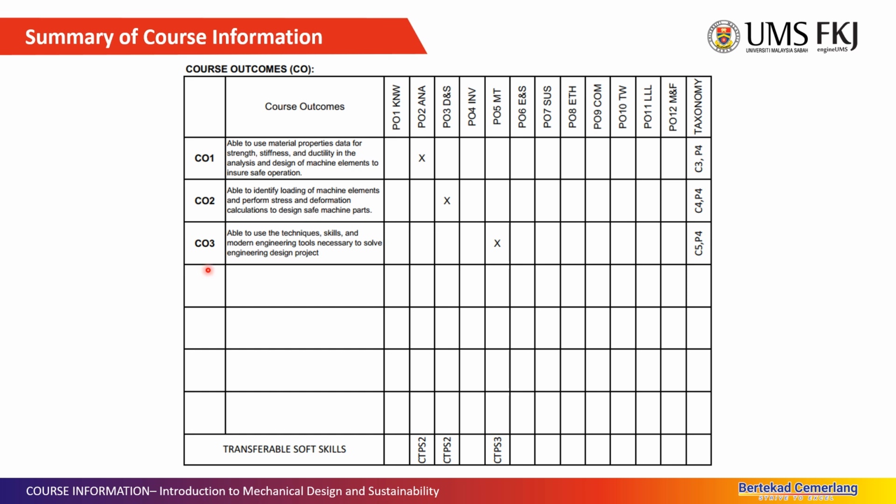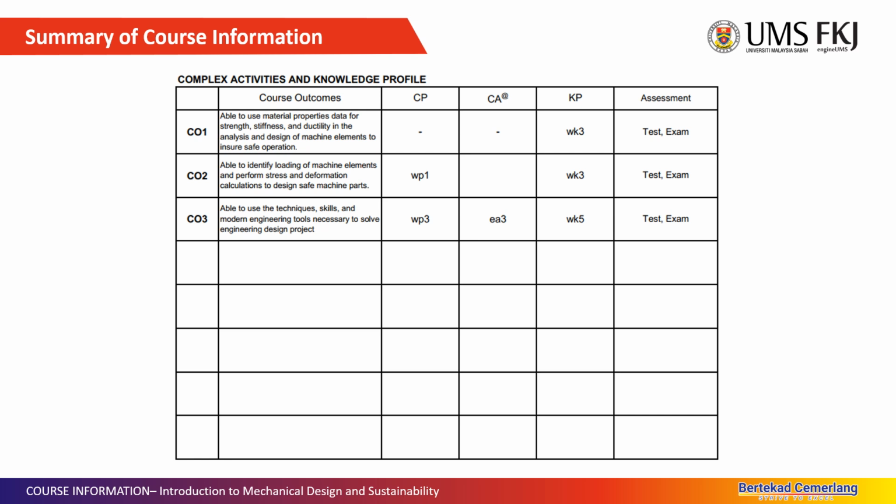While CO3, you will be able to use the technique, skill, and modern engineering tool necessary to solve engineering design projects, mapped to PO5, taxonomy C5P4, and transferable soft skill CTPS3. All these three course outcomes, CO1, 2, and 3, will be assessed through test and examination.